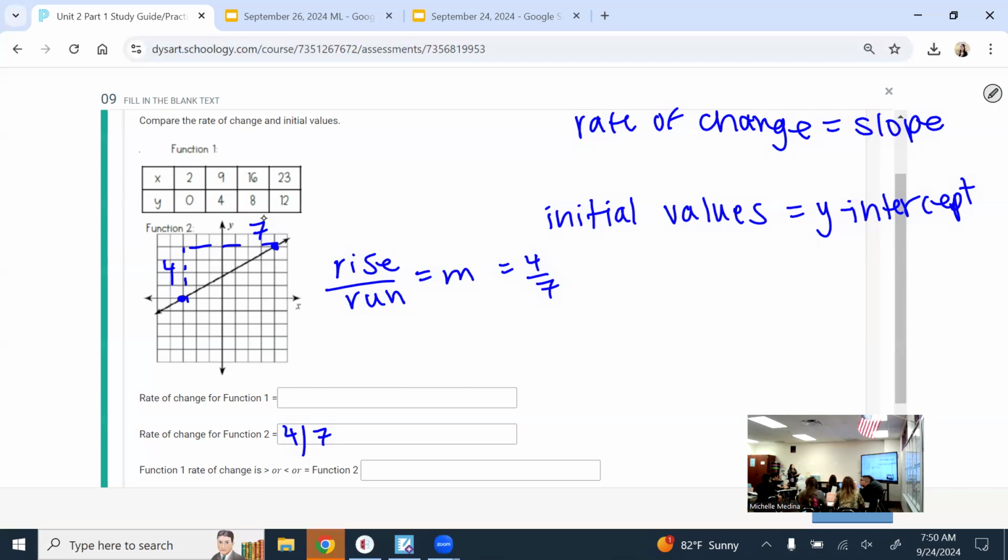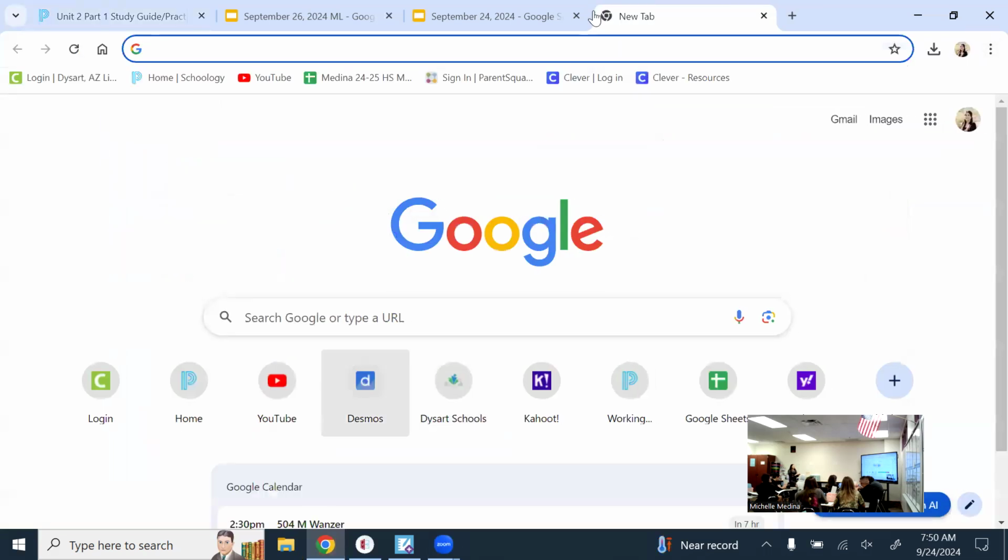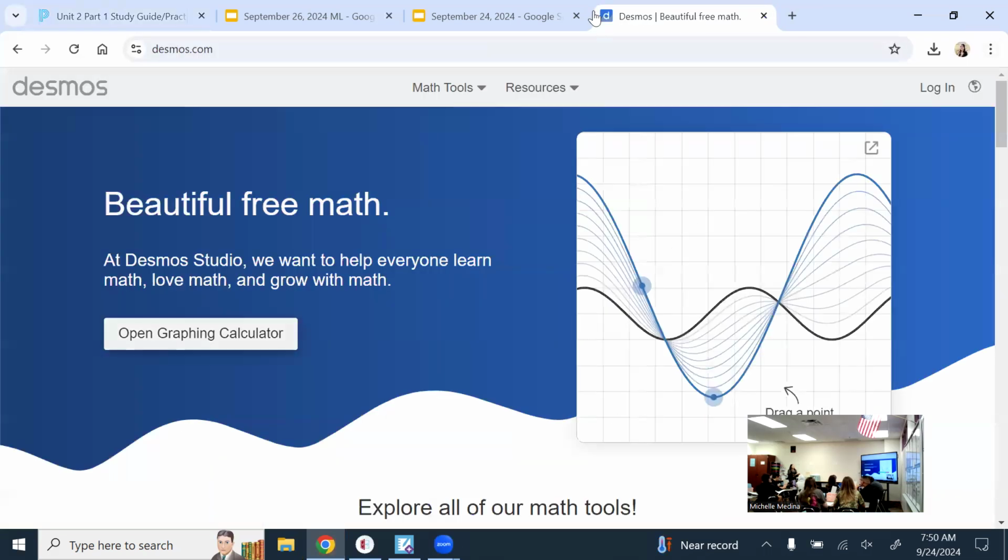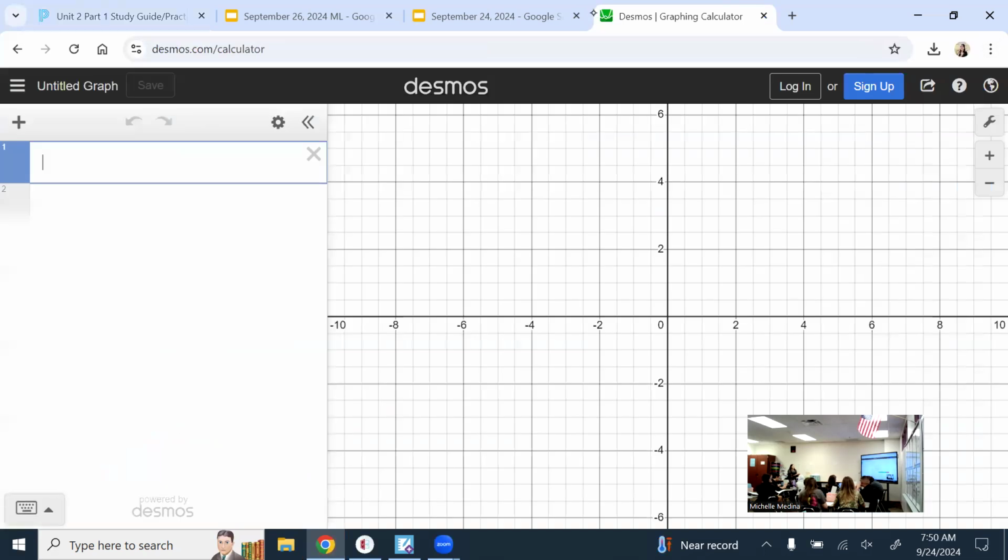Now let's look at the rate of change for function 1. You could graph these if you wanted to. If you have no idea how else to do it, I did look at the graphs in Desmos. To graph them, you could type all the coordinates in, which would probably be the easiest.